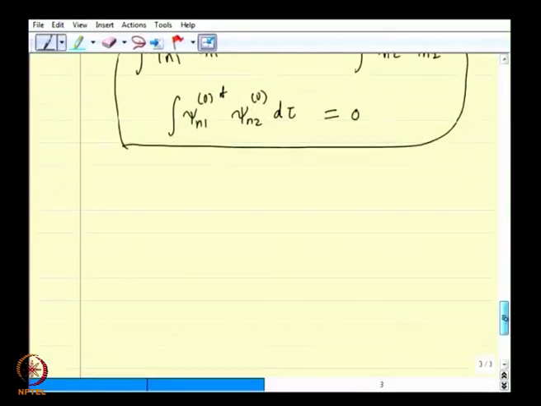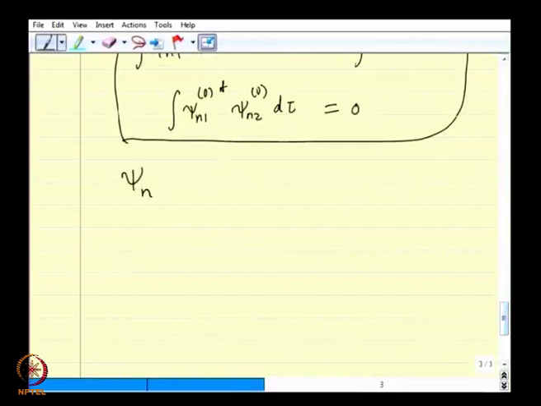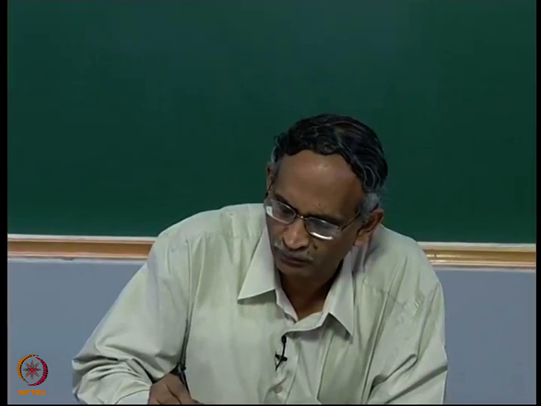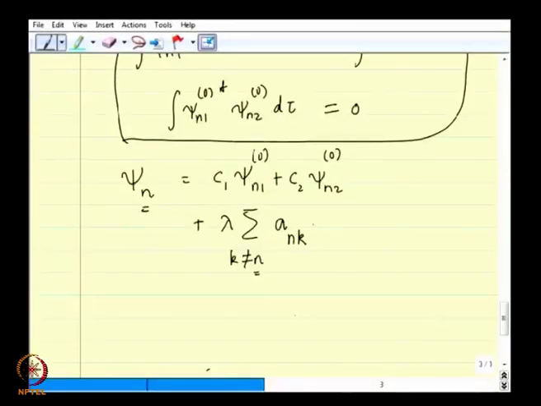Now, assuming that this is valid, all that we need to do in order to do perturbation theory is to propose our wave function, which we do not know, as the arbitrary 0 order state C1 psi n1 0 plus C2 psi n2 0, and nothing else changes: lambda sum over k not equal to n, where n corresponds to the energy and the quantum number associated with the degeneracy, and then all the rest of it is the same, namely a coefficient a n k psi k 0.